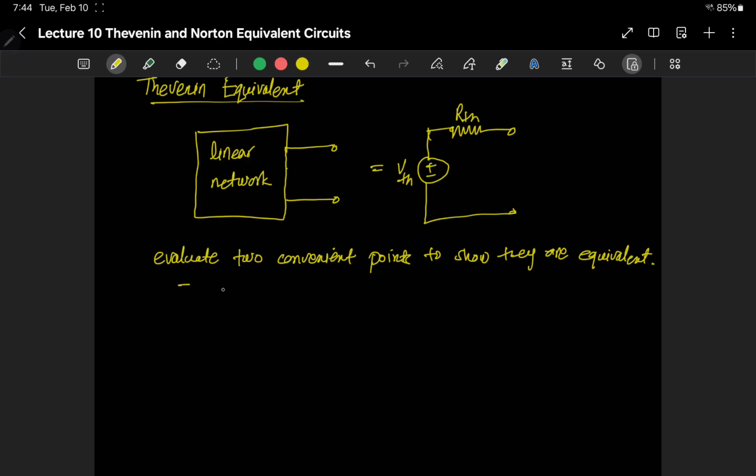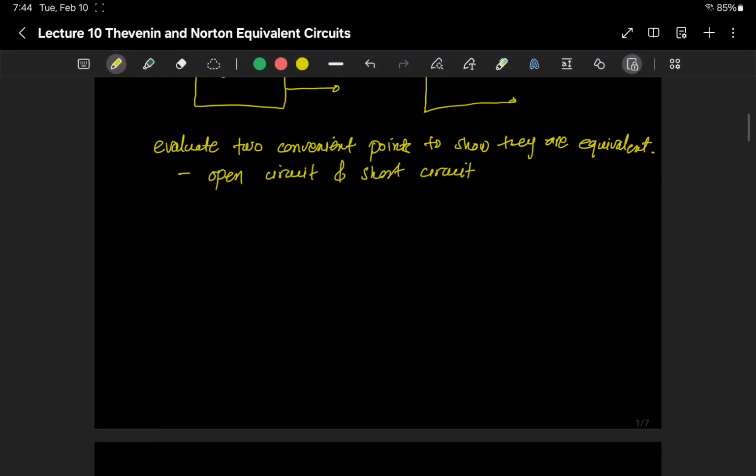Those two points are open circuit and short circuit. Okay, so case 1 with open circuit.